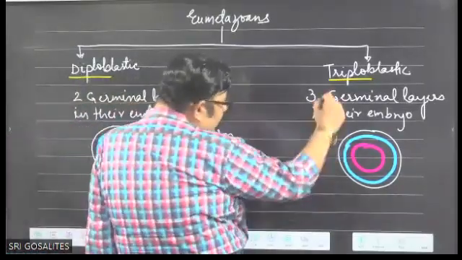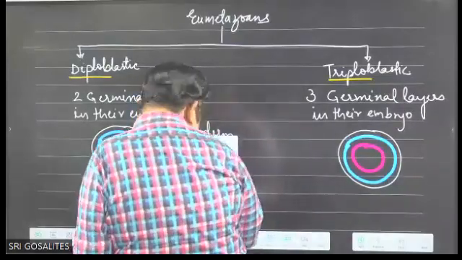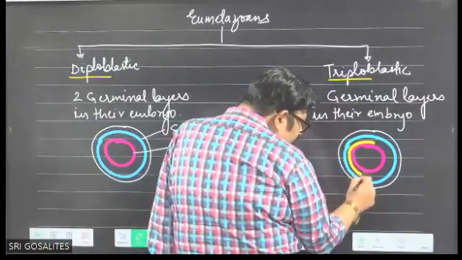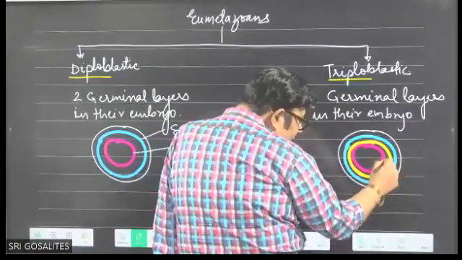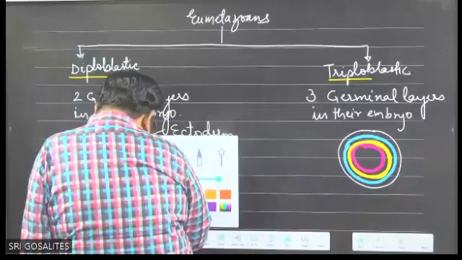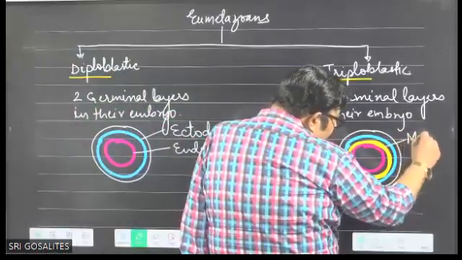But in the case of the triploblastic one, there is an additional layer known as the mesoderm. The additional layer, mesoderm, is in between ectoderm and endoderm. So here we have another one, I'm showing it by yellow color. The outer one and inner one are the same, and I'm just adding another one.